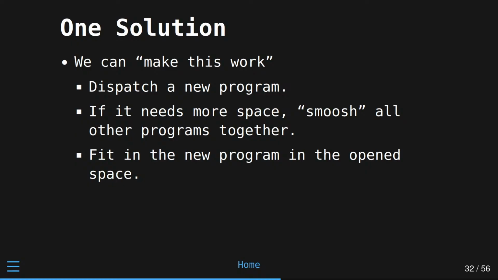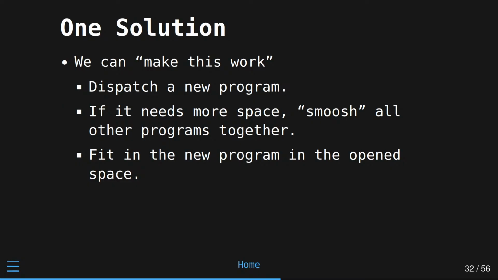I'm going to show you a few solutions to this, and then I'm going to show you a way to prevent this problem from existing. One solution. When the 3rd instance of the program is dispatched, it sounds an alarm, and the OS goes out and starts doing OS stuff. And since the OS is allowed to do whatever it wants, one of the things it can do is it can take a currently running program and it can change where that program is in memory.